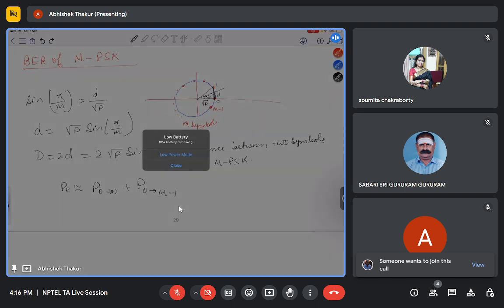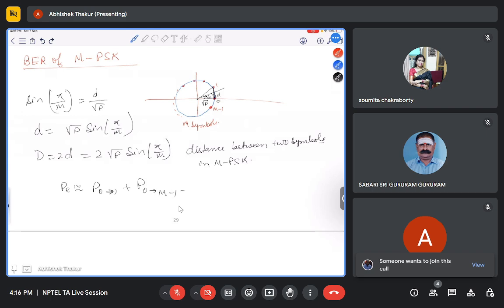So the total error will be 2 of Q of the square root of 2 times SNR sine of pi by M, because our d is 2 square root of P sine pi by M. So it is just d min by 2 times N naught.